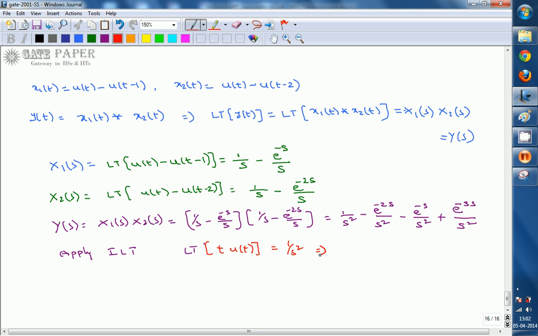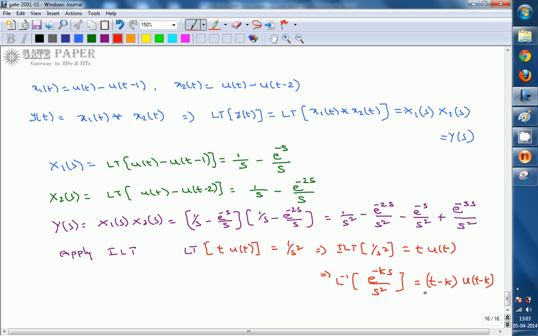So we can write that the inverse Laplace transform of 1 by s square is t into u of t. Like that, the inverse Laplace transform of e power minus ks by s square is t minus k into u of t minus k.